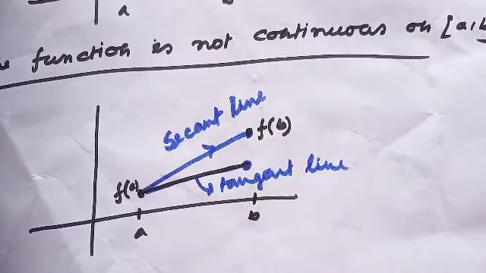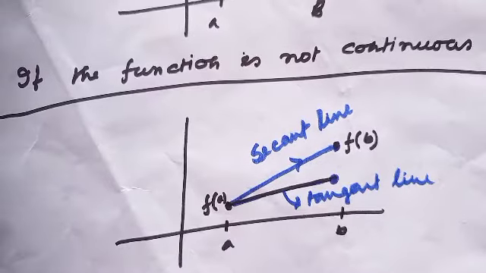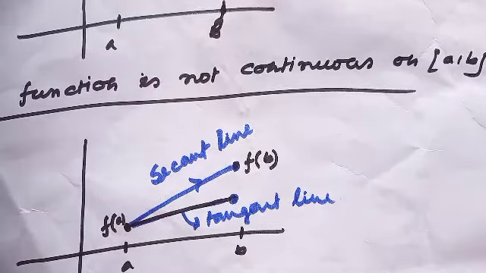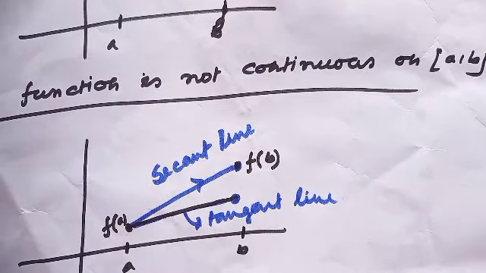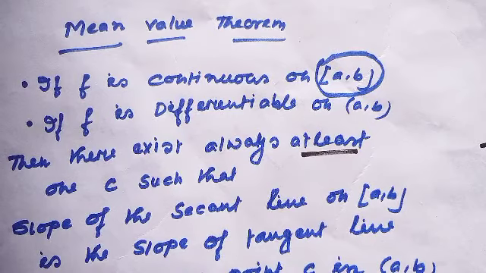So if we omit the condition that the function is continuous on the closed interval AB, the mean value theorem will not be satisfied. So are you getting why the mean value theorem indicates the function must be continuous on the closed interval AB, and why the function must be differentiable on the open interval AB?